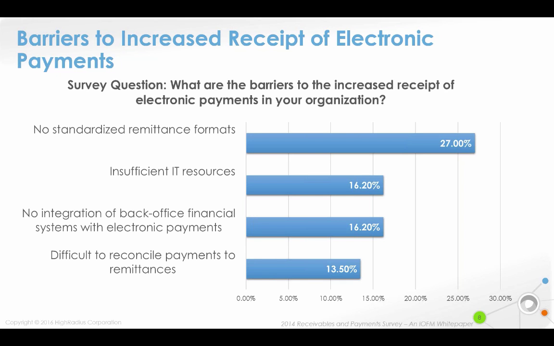And what they also found was that there was insufficient IT resources, no integration in the back office, and that, again, among the top four answers was it was difficult to actually reconcile the electronic payments with the remittance that were coming in. So the upshot of this is many organizations ended up staying with checks because these became prohibitive.